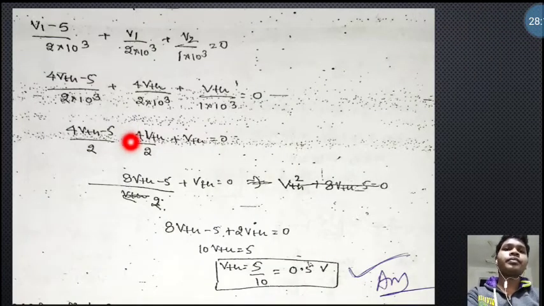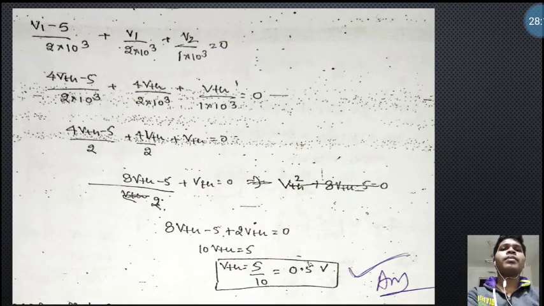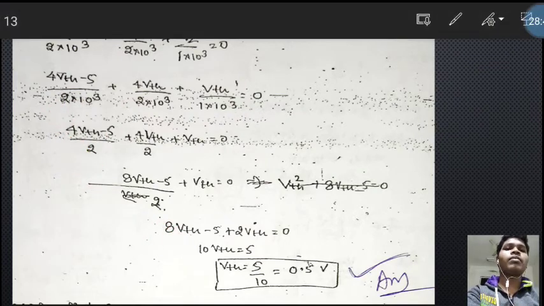Now taking equation number 1, that is (V1 minus 5) divided by 2 into 10 to the power 3 plus V1 divided by 2 into 10 to the power 3 plus V2 divided by 1 into 10 to the power 3 is equal to 0, and V1 is equal to 4VTH, and V2 is equal to VTH. So here VTH is the only unknown quantity and all other things are known quantities. So it is very easy to find VTH, that is Thevenin's voltage.